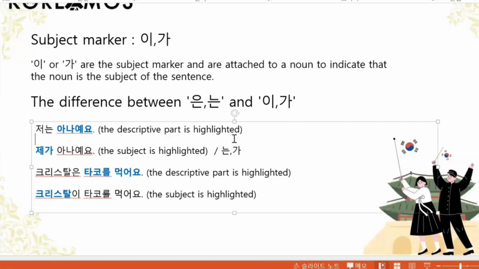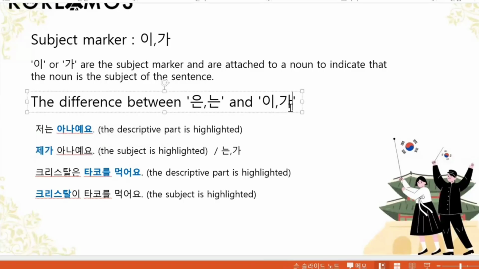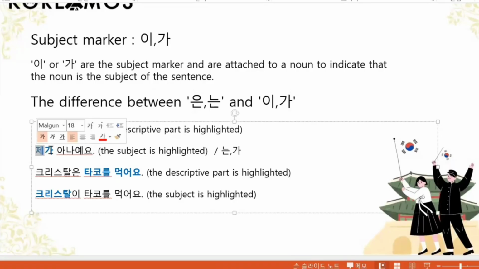We already know we are talking about Anna because I called the name, but I don't know who Anna is. So the subject part, "I," is important. Anna is not important anymore because we are already talking about Anna. That's why the subject part is highlighted, and we use 제가 with the subject marker 가 or 이.